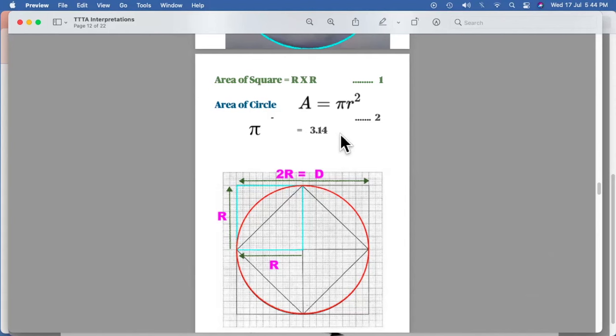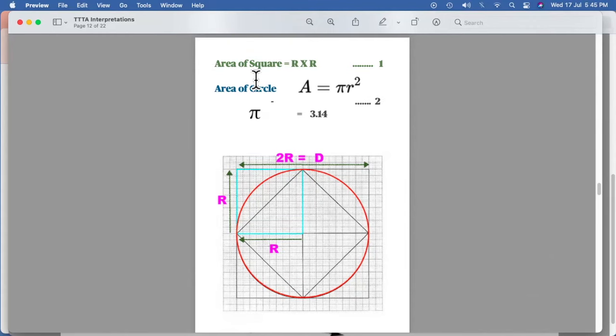We need to understand this part also, because finding the area of a circle was probably quite difficult, so they started with a square, and from this square we were able to find the area of the circle. Assuming this is a small square which has an area of r into r, that is r square.